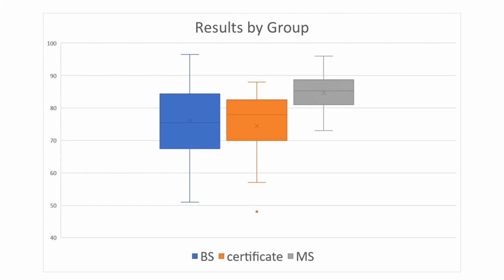I think there's one or two students in COMP620 who have a BS. The middle, orange, are the certificate students, and the gray are the master's students, both master's of computer science and any other master's program they might be in. You can see that the bachelor's degree group has a wider range. The bachelor's and certificate students have a very similar average.